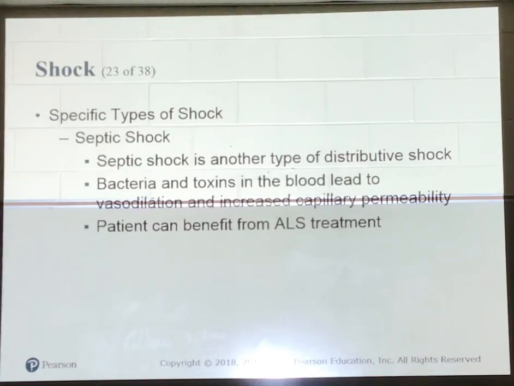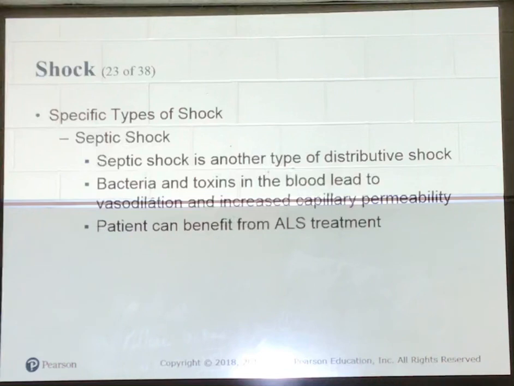All right, pathophysiologies associated with sepsis include increased capillary permeability. More stuff can get in, more stuff can get out. You have the vasodilation. Your vessels are bigger. Takes more to fill them up. You have myocardial depression.